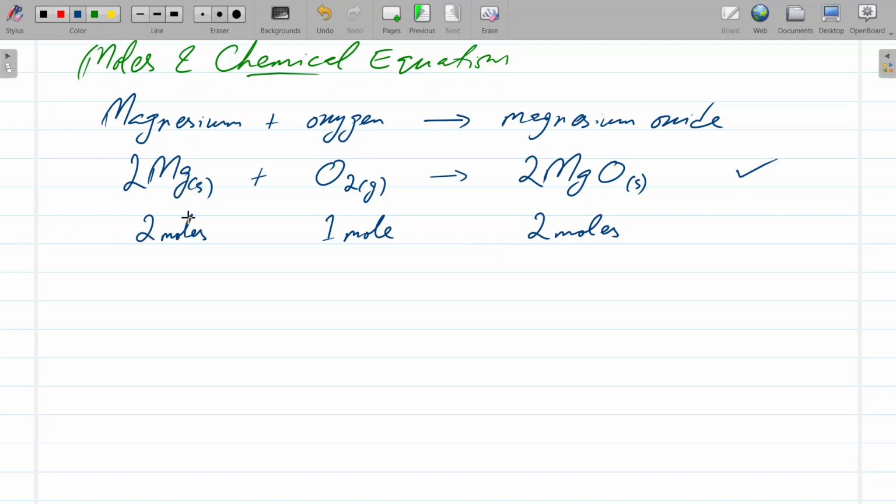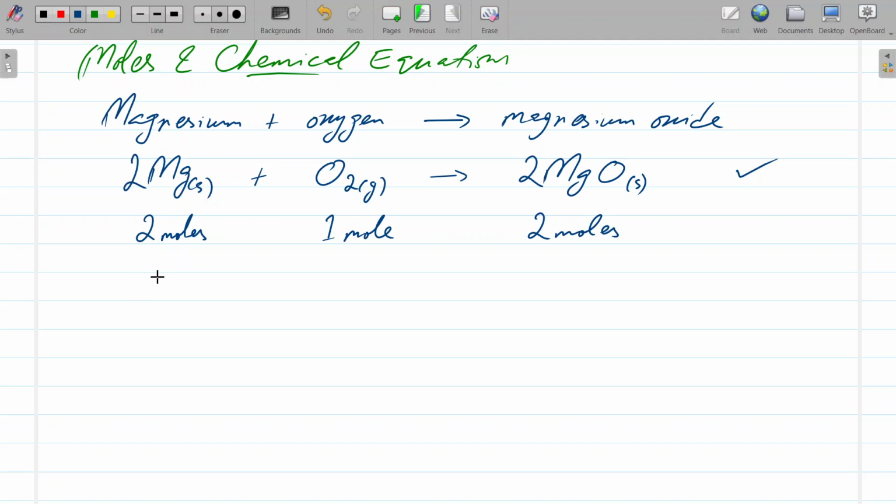Now, seeing that 2 moles of magnesium are used, what's the mass? So what's the molar mass of magnesium? Do you have a periodic table on hand? For magnesium, it's 24. Yeah.